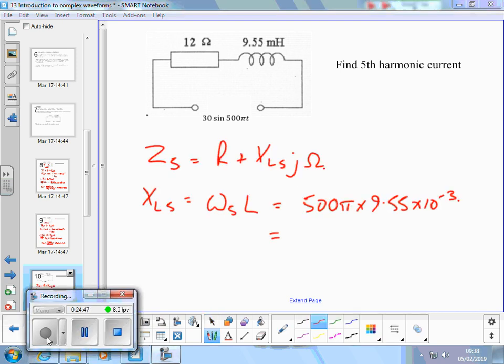Omega 5 times L, or XL5, is equal to 15 ohms.